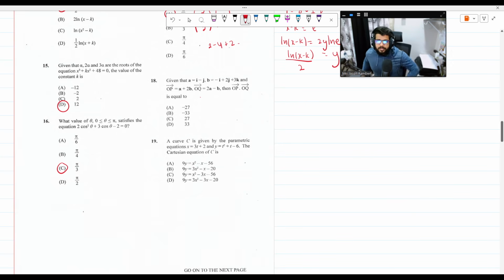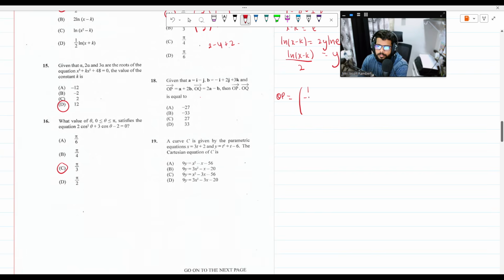Alright, so let's plug in the values for A and B to get OP. So OP is going to be A, which is i minus j, plus 2B, minus i plus 2j plus 3k. The easier thing to do here actually is to put it in column vector format.